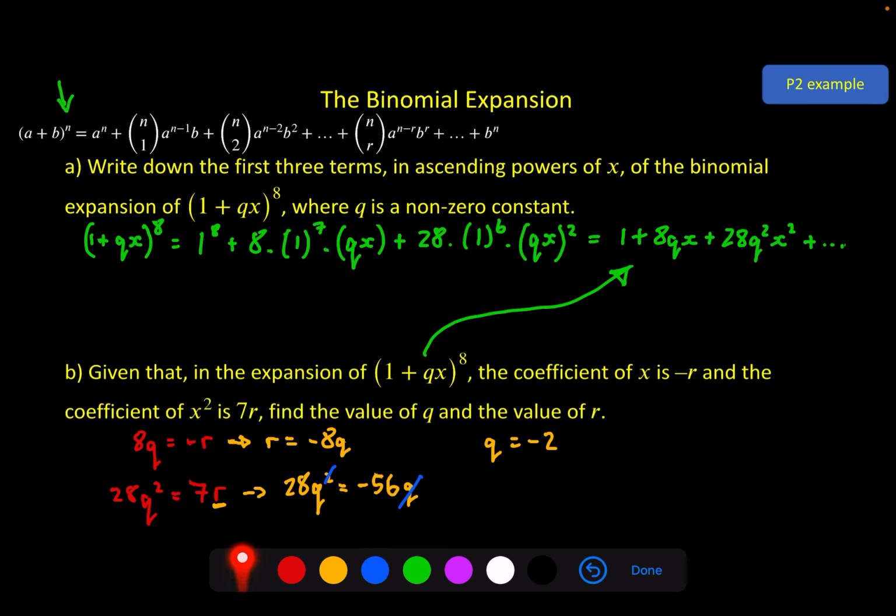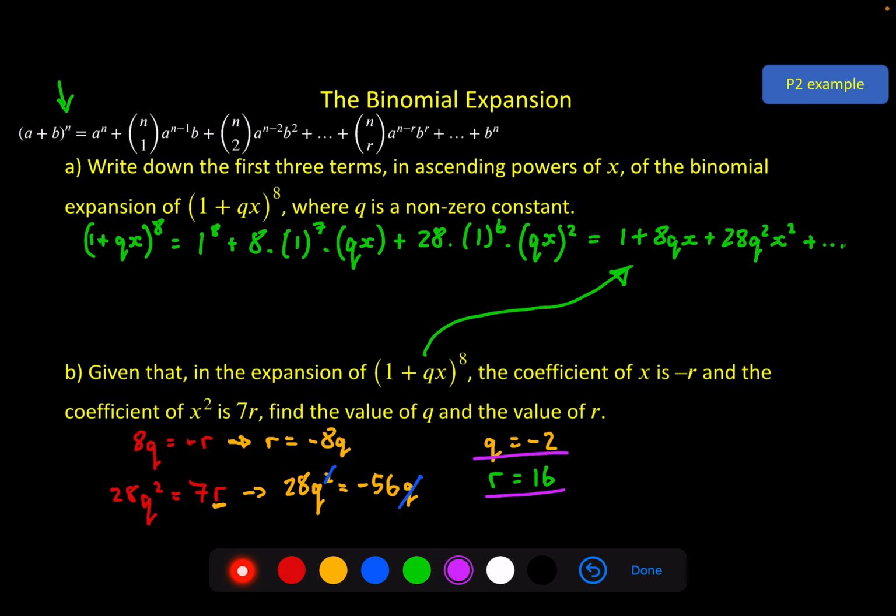And if q is equal to minus 2, put that back in there, and we can see very quickly that r is equal to 16. Now, assuming no silly mistakes in my process, these are my two answers. The value of q, minus 2, and the value of r, 16.